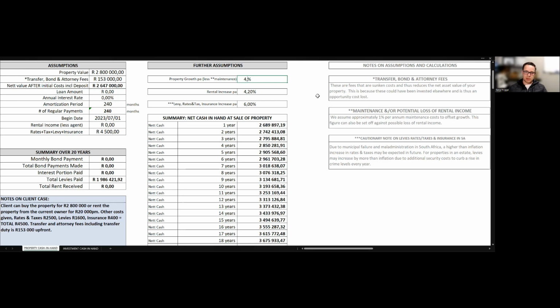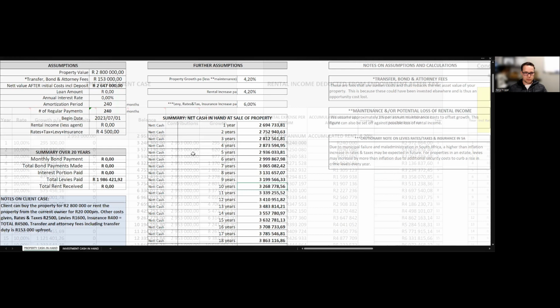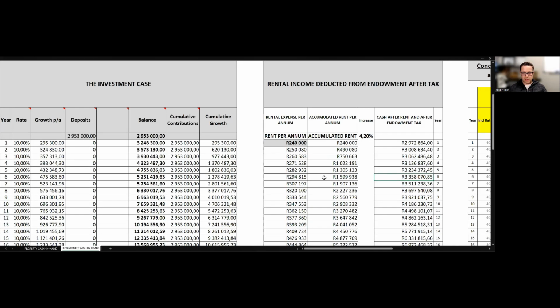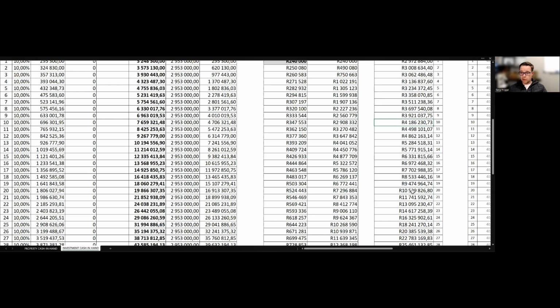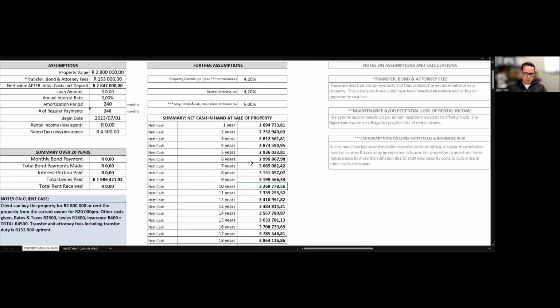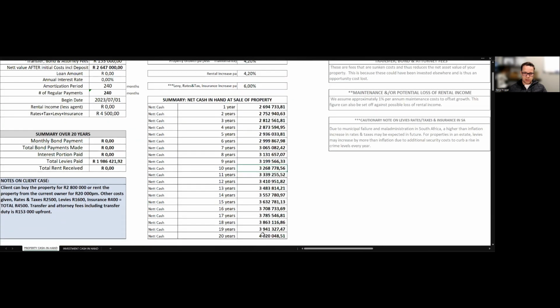That's 1% better than current returns. And then after 10 years, you're going to have 3.2 million. After 10 years, in this case, you're going to have 4.1 million. That's after your rent has been paid. And after 20 years, you're going to have 10.5 million after rent and tax. After 20 years, you're going to have 4 million.